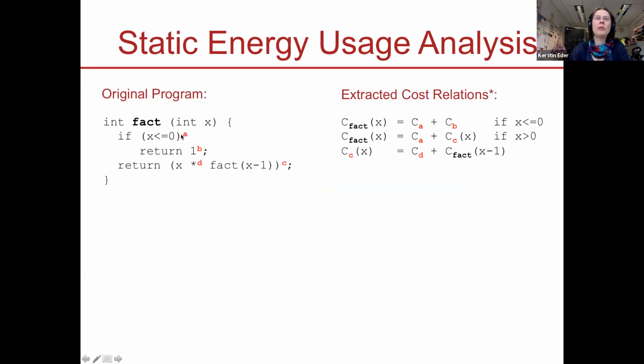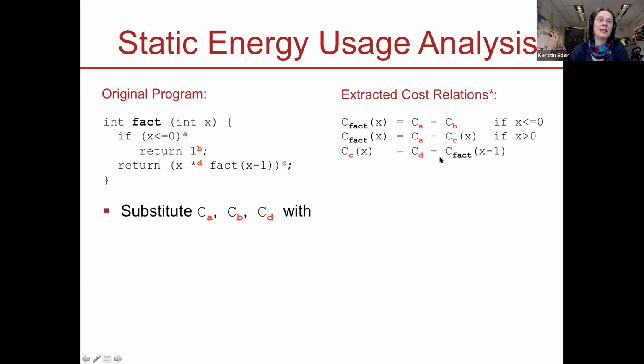So if I want to know how much it costs to call factorial, then that is the cost of the comparison plus the cost of the return if x is less or equal to 0. It is still the cost of the comparison if x is greater than 0, but then it is also the cost of this lower return, the last line of the code, where we also have included a recursive call. And that's basically the cost of the multiplication plus the cost of the recursive call.